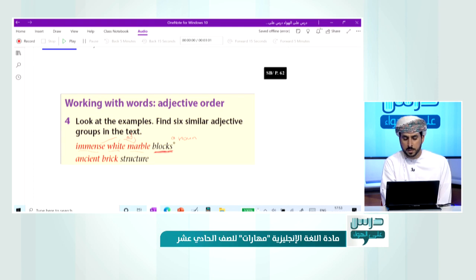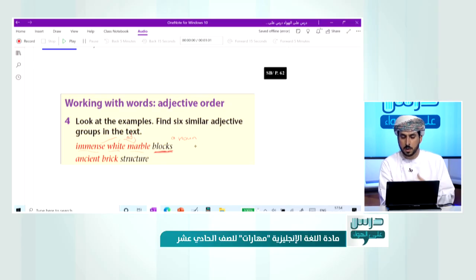So it's clear that a noun can have 1 adjective or 2 adjectives or 3 adjectives or 4 adjectives and so on. For example, we can say this is a beautiful house. We can say also this is a beautiful big house.